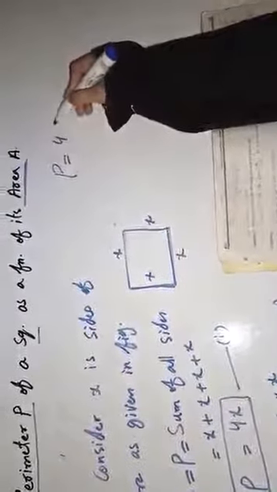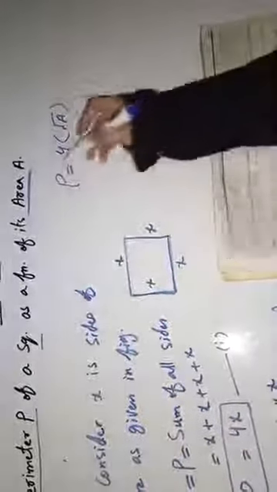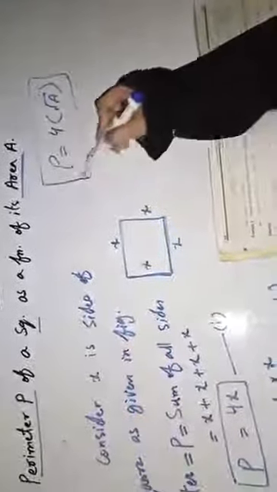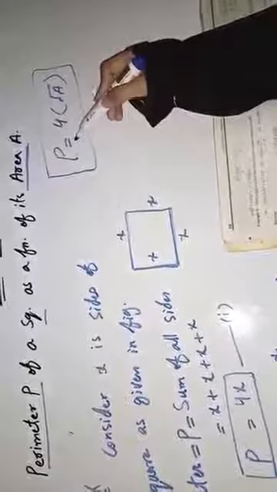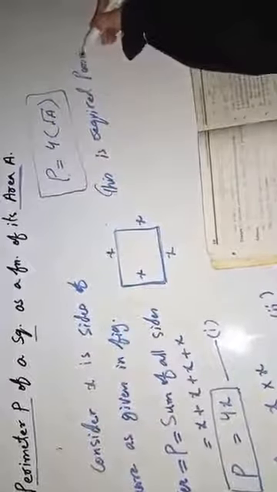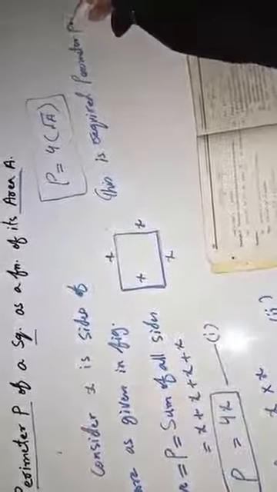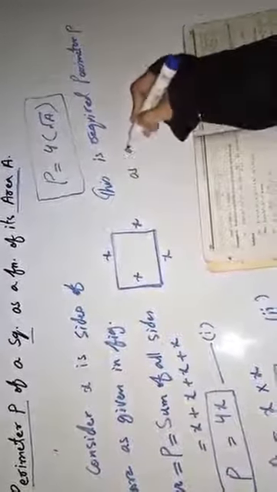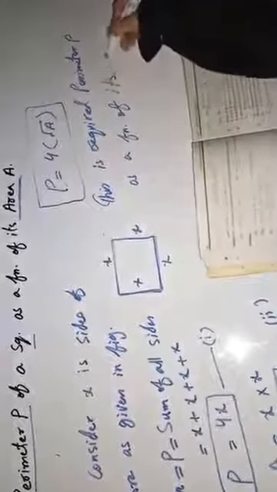So now perimeter is equal to 4, in place of x, square root A. So we can read it as perimeter P as a function of area A. So this is the required perimeter P as a function of its area A.